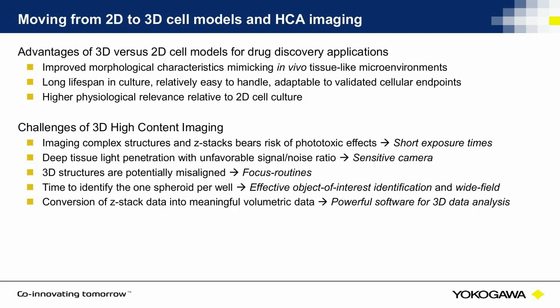Most effective is the identification of the object of interest at a low resolution first, followed by the final image acquisition at higher resolution. Last but not least, once all images are collected, the researchers need powerful analysis software to convert the Z-stack image information into meaningful volumetric data.